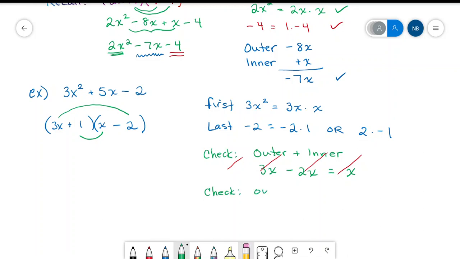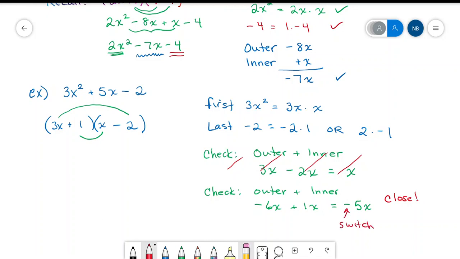Our outer product is 3x times -2, or -6x. Our inner product is 1 times x, or +1x. -6x plus 1x simplifies to -5x, which is very close. The only problem we have is the sign. So when that happens, you switch the signs.